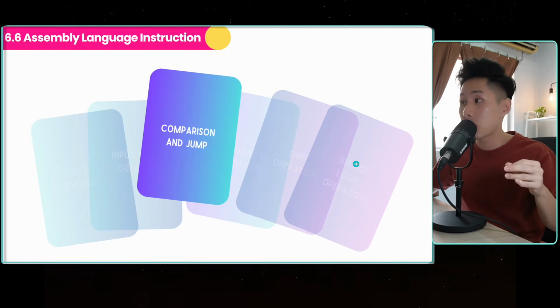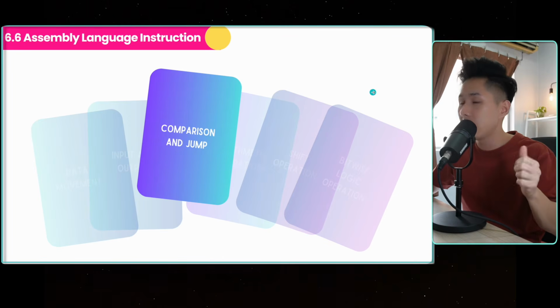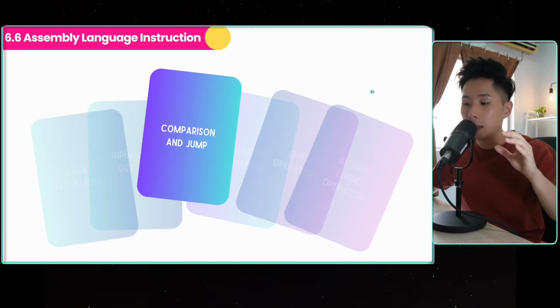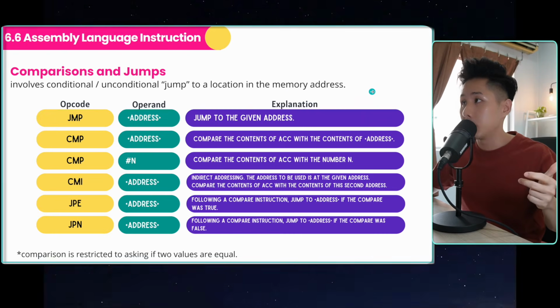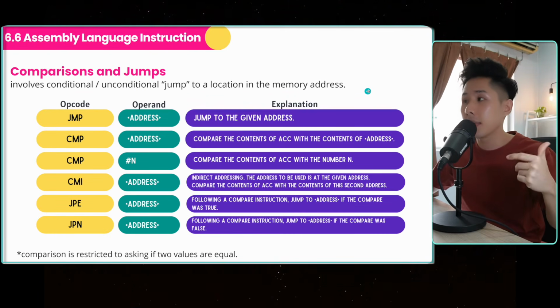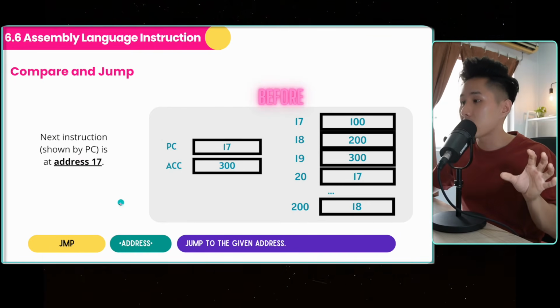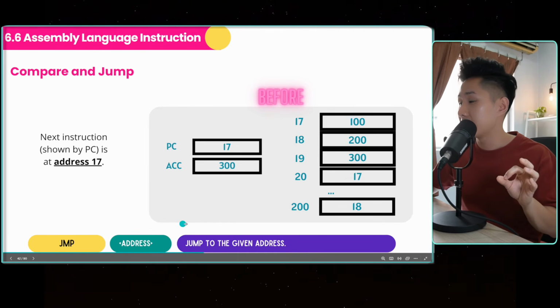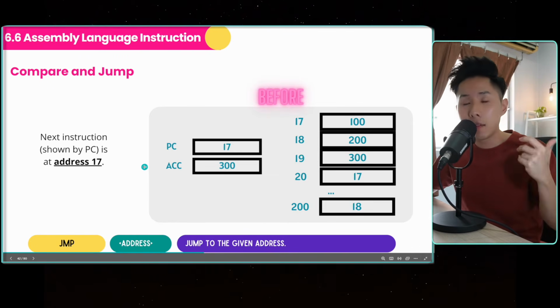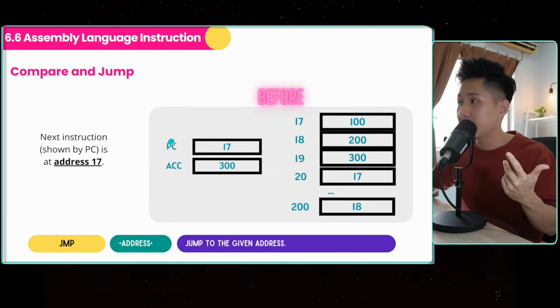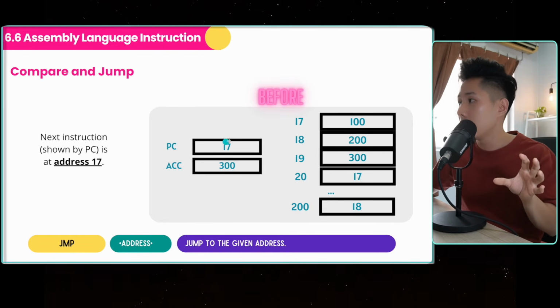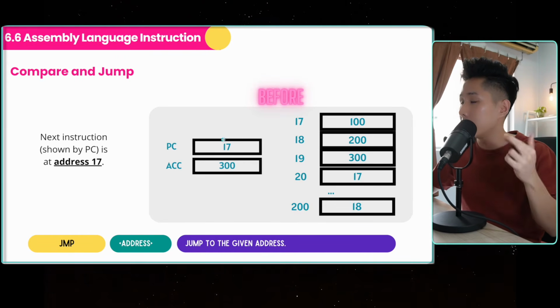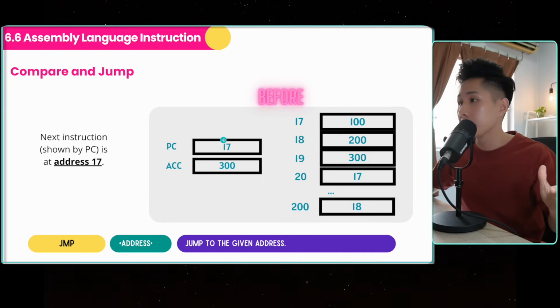And the third type of instruction is comparison and jump. This is very important because it gives the program a lot of flexibility. Let me explain it instruction by instruction. JMP here stands for jump, and it jumps to the given address. If you remember, in the last chapter we learned that the PC, the program counter of a CPU, gives you the address of the next instruction that will be executed.